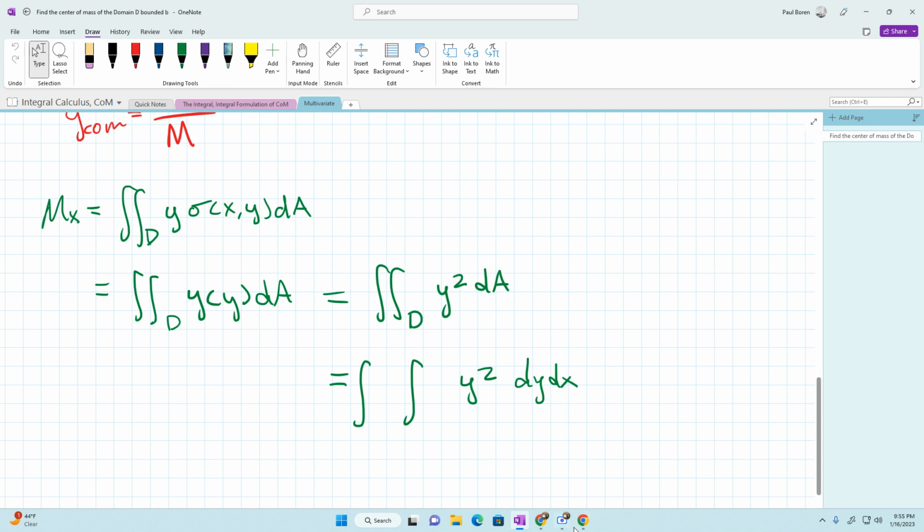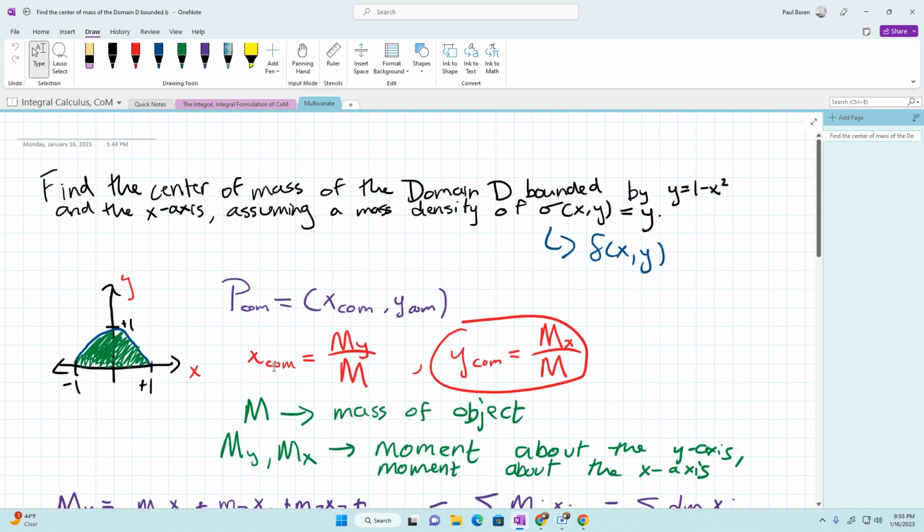Well, if we go back up here, we can pretty easily see that along the y direction, we're going to start at y equals 0, which is the x-axis. That's our lowest point in the y direction. And then for this shape that we're tracing out, the highest point is always going to be this function, 1 minus x squared. Y equals 1 minus x squared. So our lowest point along the y-axis is 0.